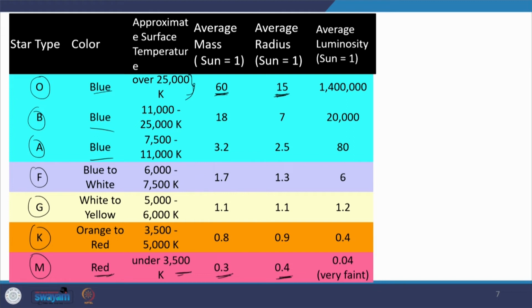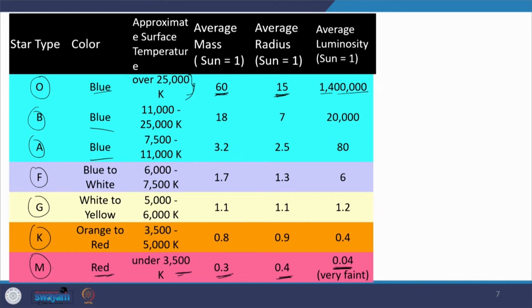In terms of sun luminosity, it is about 14 lakhs, 1.4 million times that of the sun, for the stars in the upper left region, and very faint, 0.04 times that of the sun, in the red, cool and low luminous region. So, this table gives us an idea of the numbers for temperature, mass, radius and luminosity.